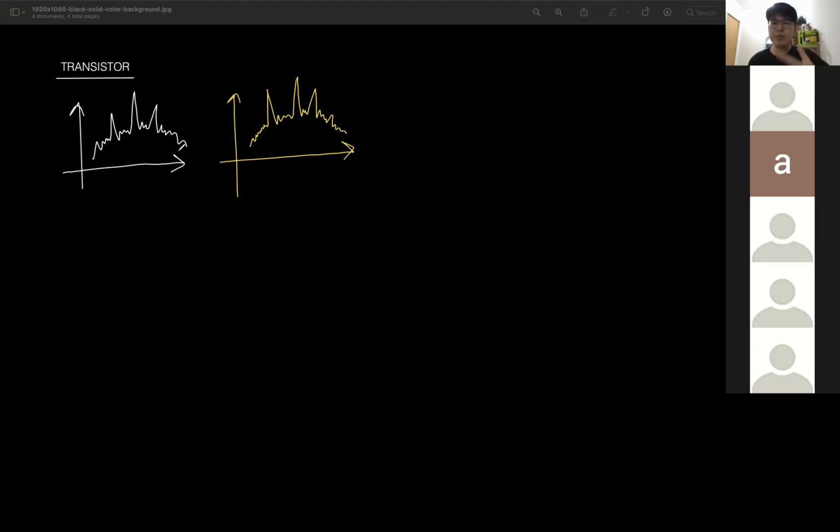So what is the use of transistor? Transistor is like the bridge. It is the bridge between your microphone and the speaker. Transistor, and then you connect to your speaker here. Can be a headphone, microphone, or a loudspeaker.